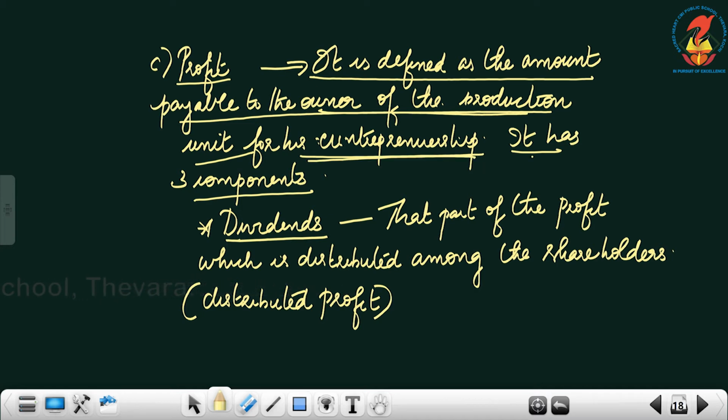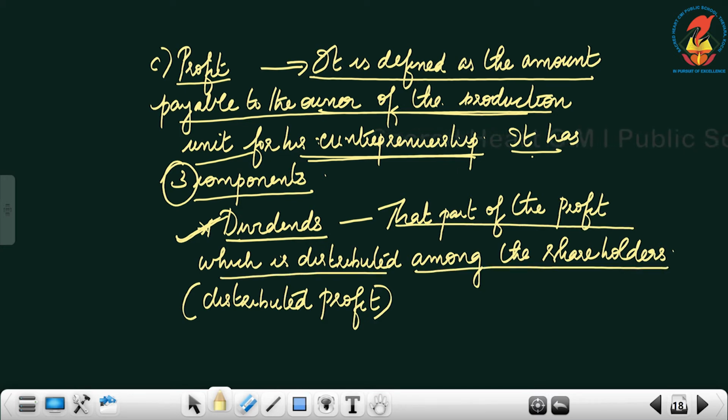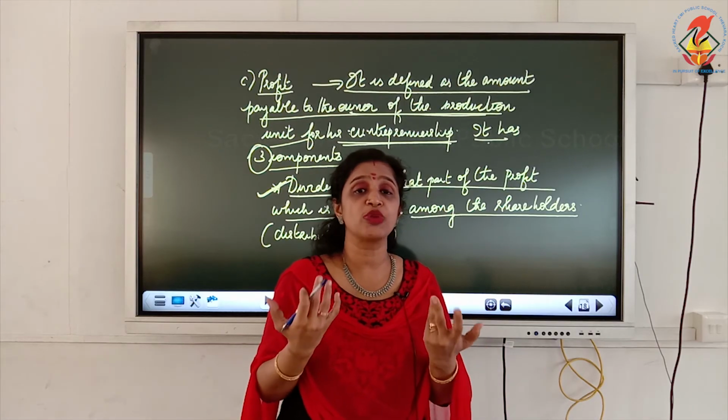Now, profit has three components. Let us see what are they. First one, dividend. You are very familiar with these topics you have learned in accountancy, right? Dividend. What is this dividend? That part of profit which is distributed among the shareholders is known as dividend, which is also known as distributed profit.